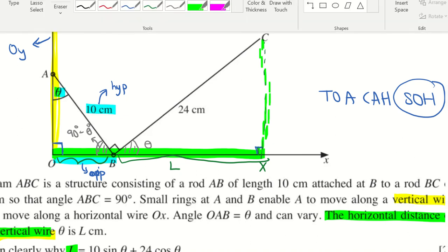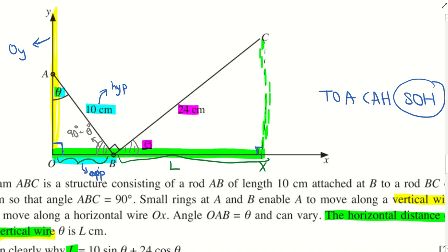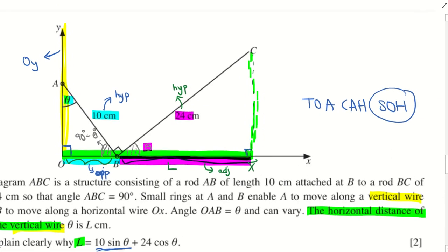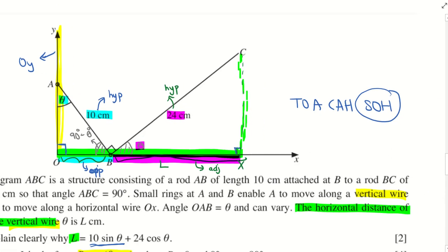We have 24 that we have yet to use, and we want to find BX. So let's see, Tuakaso. 24 is my hypotenuse, opposite the right angle. BX is the adjacent to the theta. A and H, what can I use?